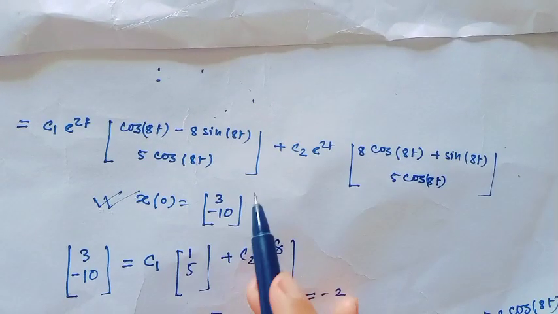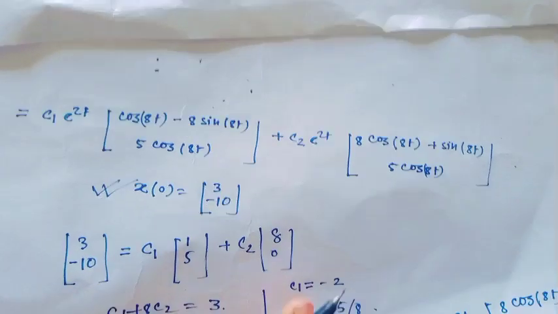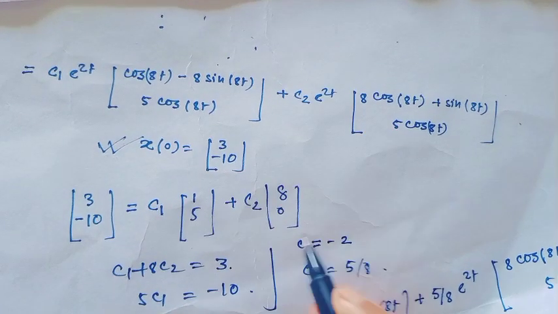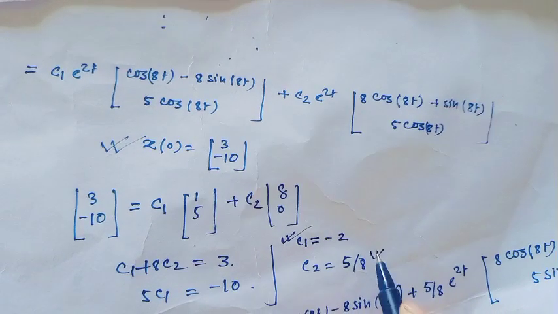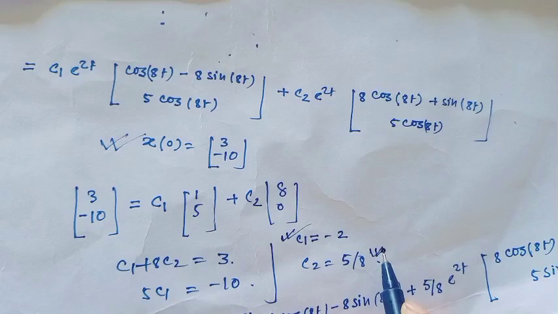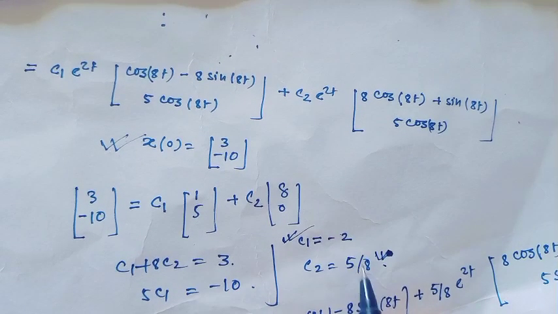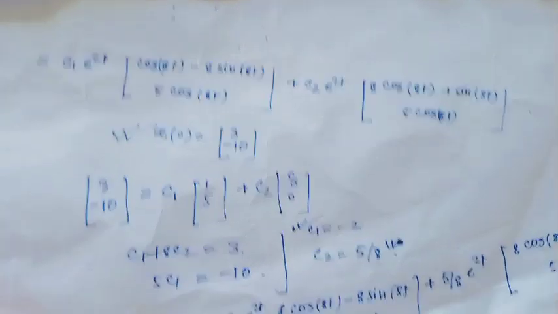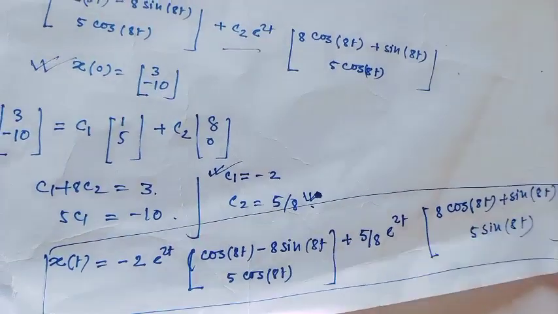Just put x0 equal to (3, minus 10). After putting it, c1 equals minus 2 and c2 equals 5 over 8. Just put the values of c1 and c2 here. Then the solution would be of this type.